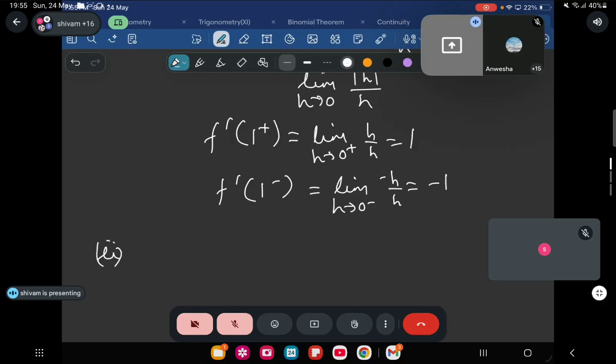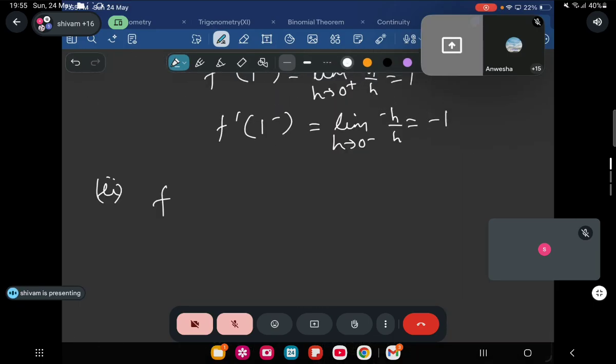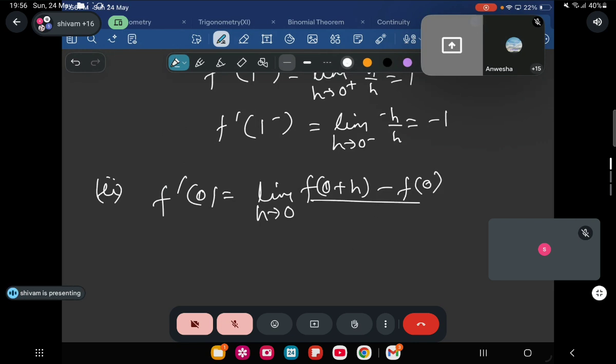f of x equal to mod of x cube, everyone. Let us start. So at x equal to 0, what is f dash at 0? f dash at 0 will be equal to limit h tends to 0 of f of 0 plus h minus f of 0 divided by h.